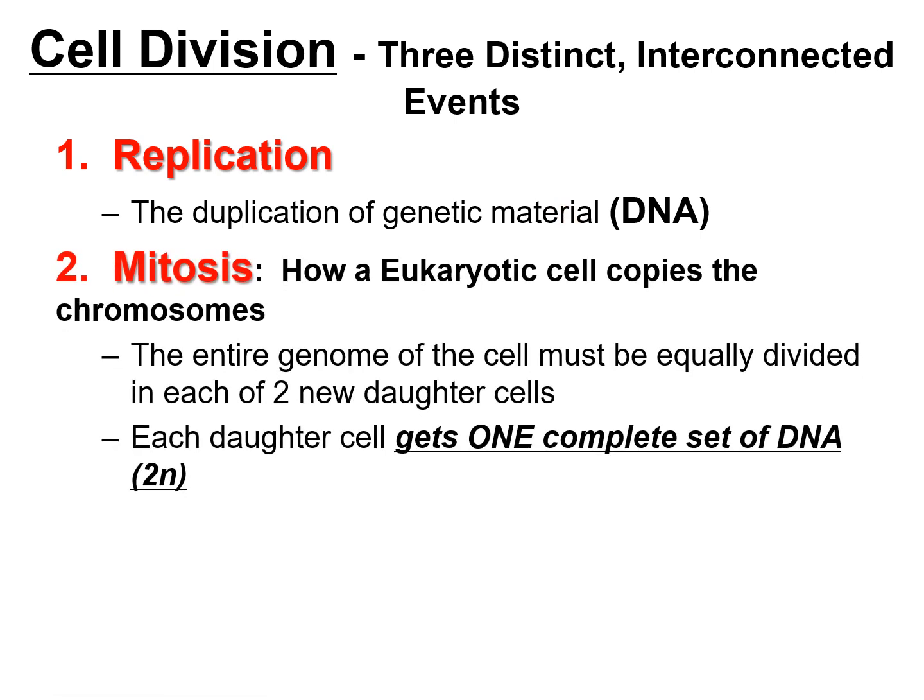You have the physical division. There are a couple things we have to do there. First of all, we have to separate the copies of DNA correctly so that each new daughter cell receives not only all of the appropriate genes, but also an equal number of genes.